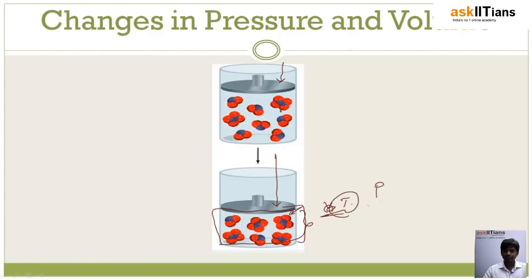Because when the temperature is constant, pressure is inversely proportional to volume. So when we increase the pressure, earlier only atmospheric pressure was there, so it had a volume V1. Now it is having a small v. Why? Because I increased the pressure, so the volume had to decrease.